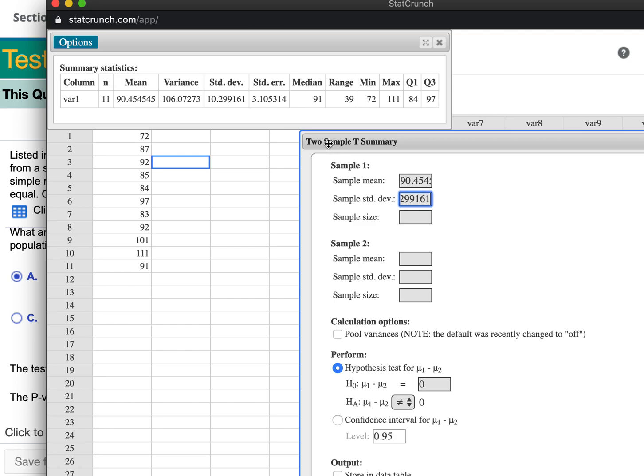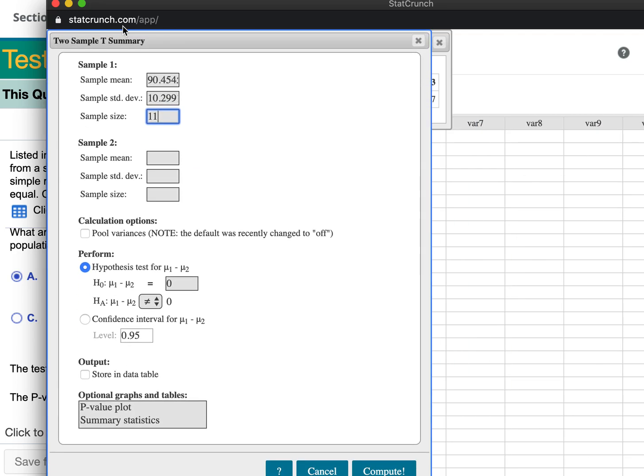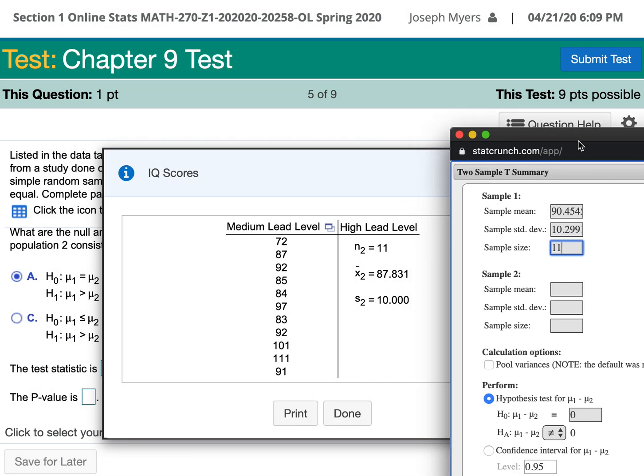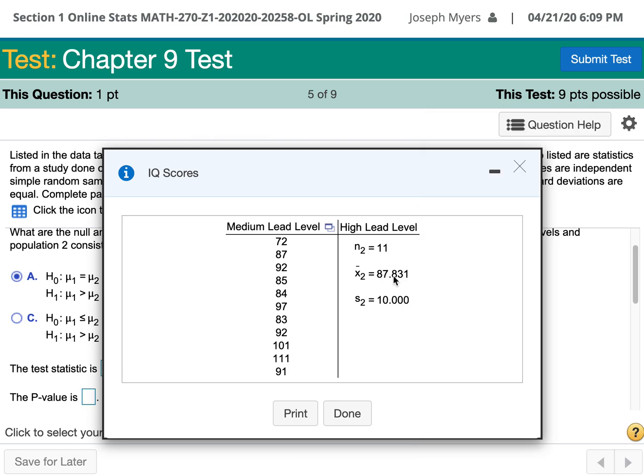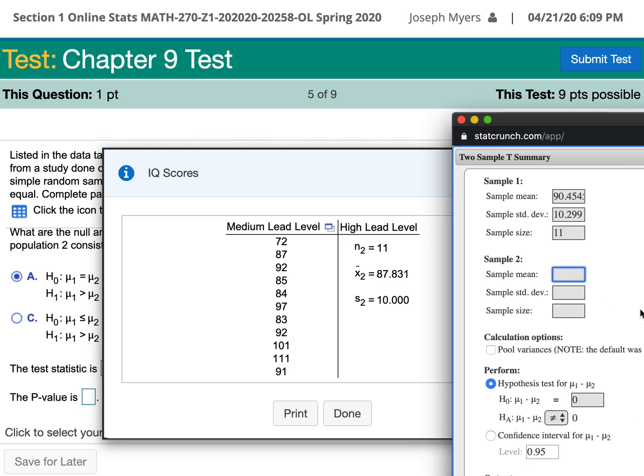The sample size is 11. And then sample 2, we'll need to go back and look at this. Sample 2, the sample mean is 87.831, and the standard deviation of sample 2 is 10.000. The sample size is 11.